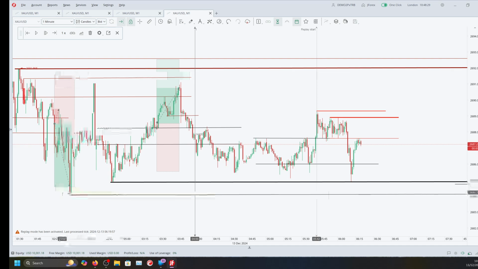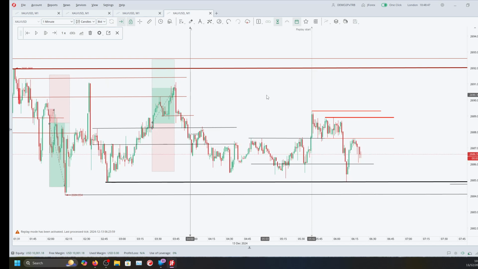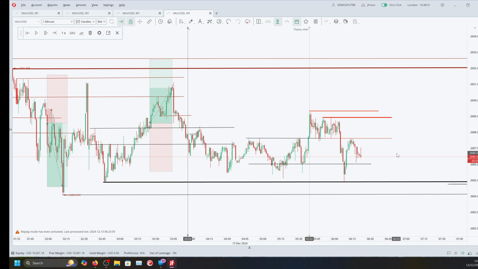Maybe liquidity sitting under these lows, picking up liquidity, and it's a matter of either continuing short or it's going to start going up. I mean, it can only do one of two things. Well, it's one of three things really. So I'm in short here.